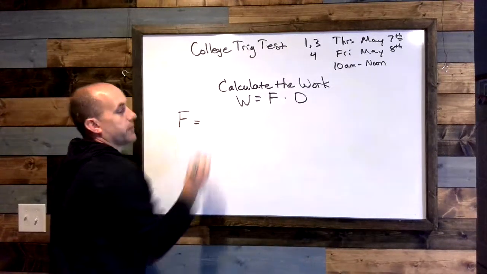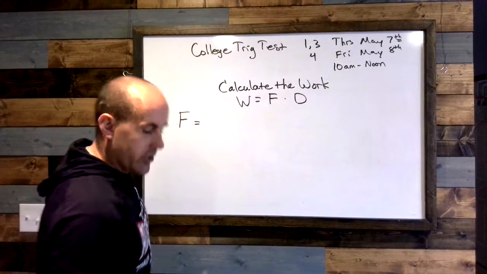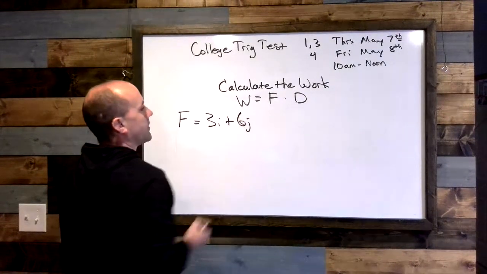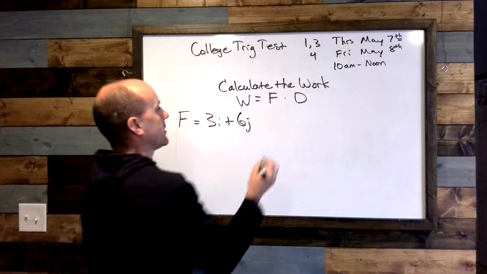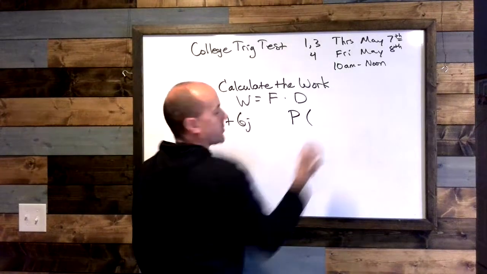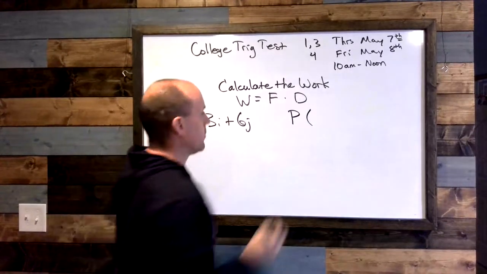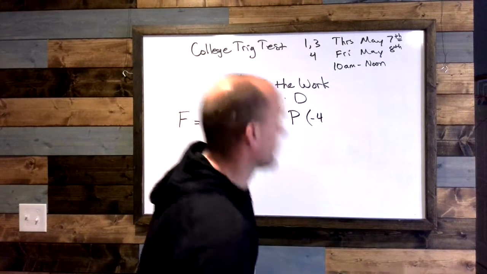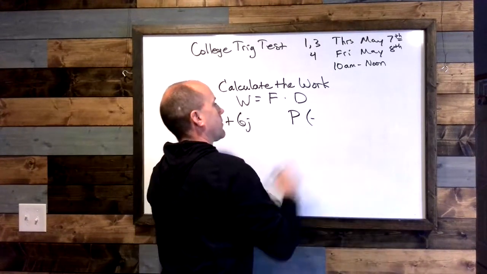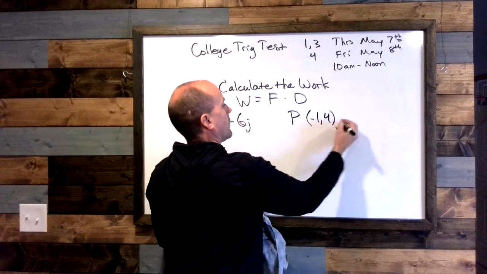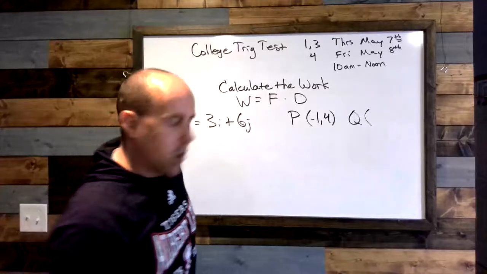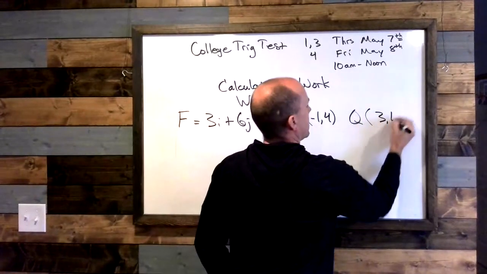So if we say that the force vector in this situation is 3i plus 6j, and the distance, we're moving it from point P, which is located at negative 1, 4, and we're going to move it to point Q, which is located at 3, 10.